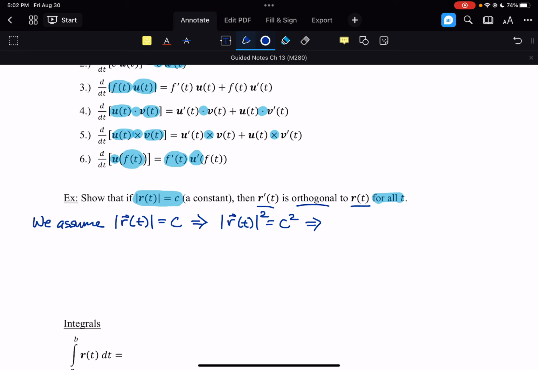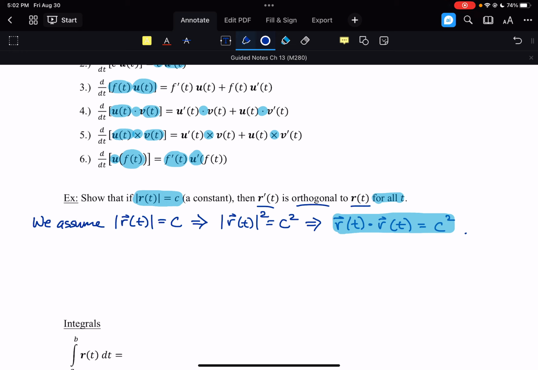So this side actually can change into r of t dotted with r of t. And the right side will remain c squared. So we're going to take this and use this as kind of our starting point for our proof here.